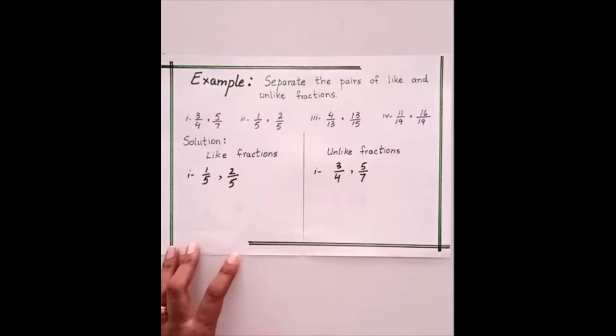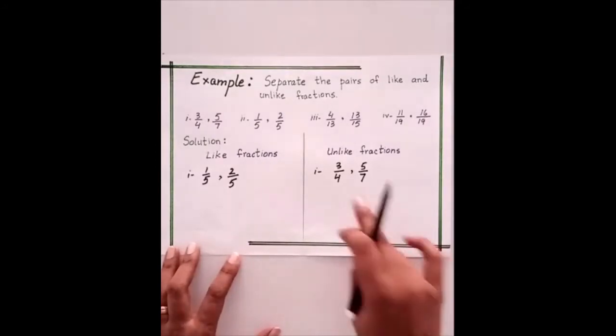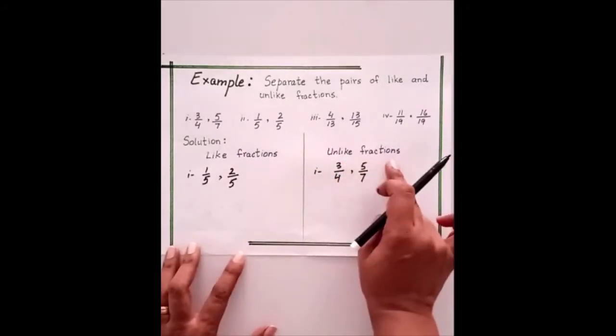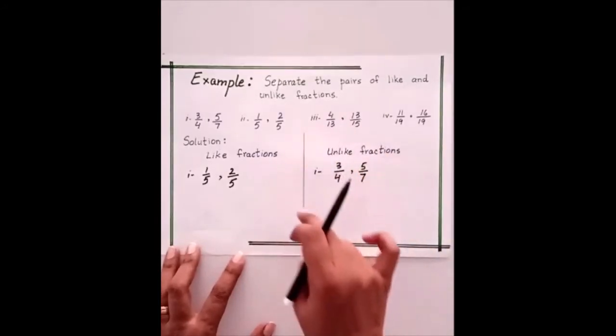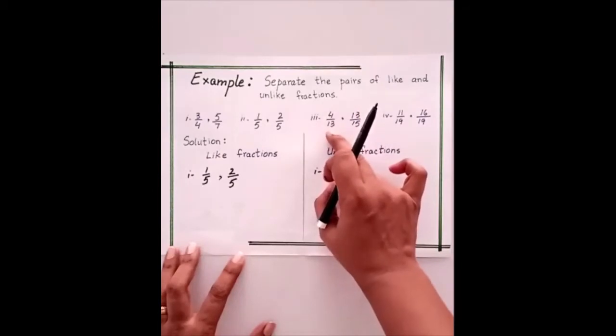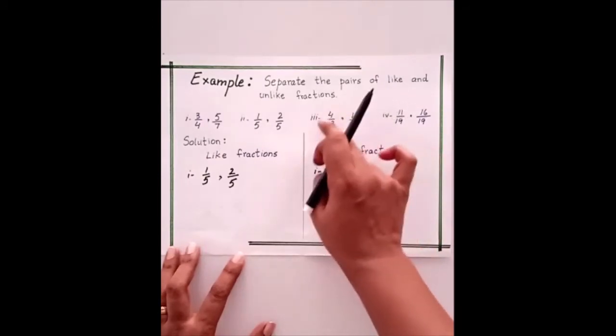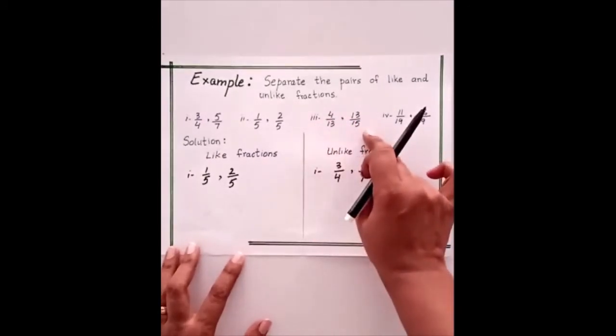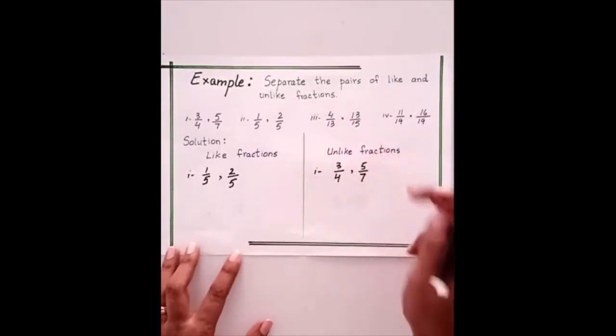With the same denominators, they are like fractions. With different denominators, they are called unlike fractions. Now we will see number 3, 4 upon 13, 13 upon 15. What are the denominators? 13 and 15. These are different denominators, so they are called unlike fractions.